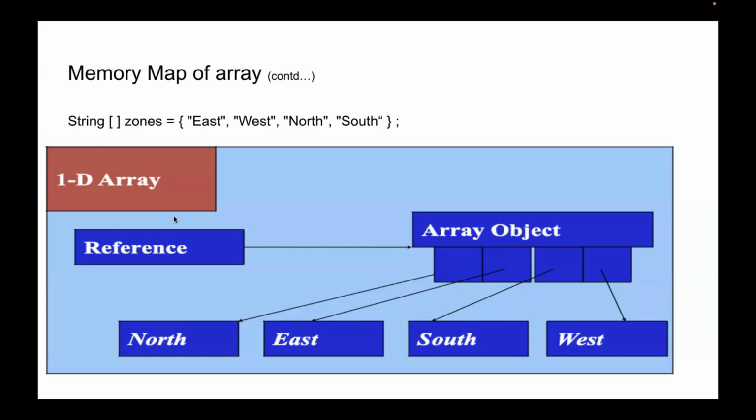Just see this 1D array. We have an array object, and in these 4 blocks we are basically storing north, east, south, and west. And what is the reference here? The reference is basically zones.